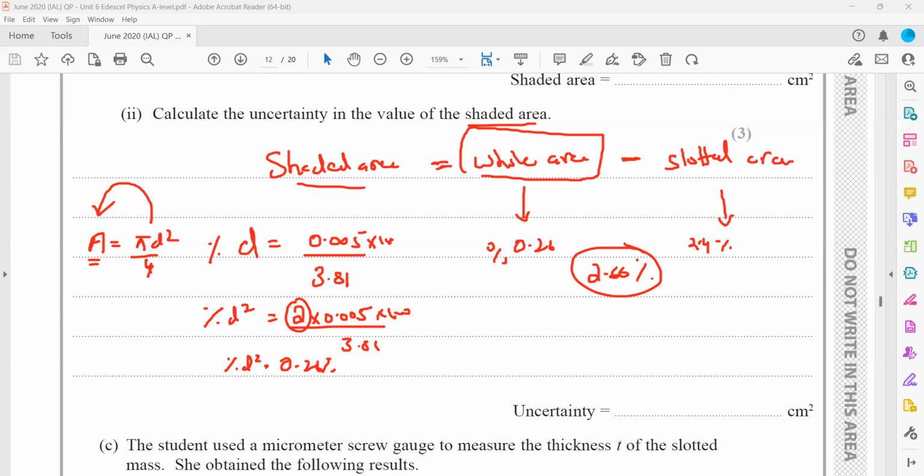Then find 2.66% of the total value. The shaded area was 10.4. Because this is a percentage uncertainty and we need the uncertainty itself, it will be the total area, 10.4, times 2.66 divided by 100.